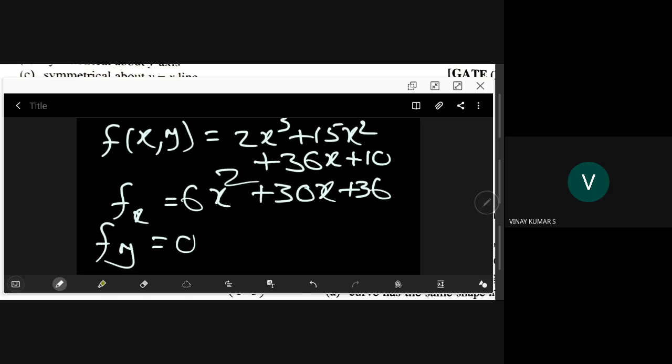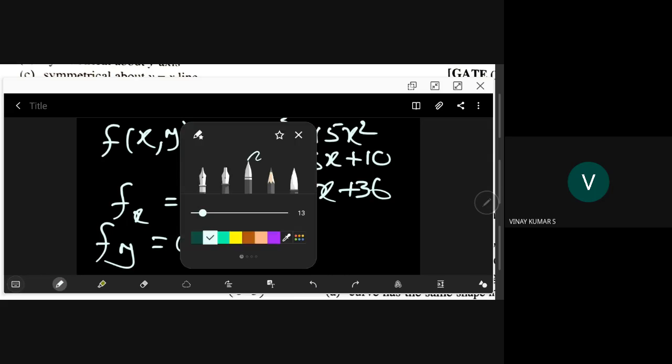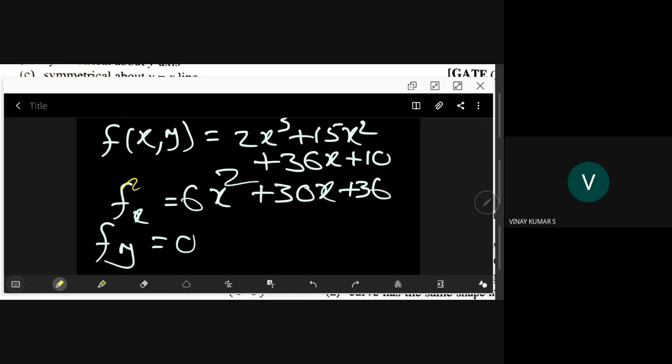So now we want to find the critical points. We need to solve these two equations, fx equal to 0 and fy equal to 0. Anyway, fy is 0, nothing is there. Only for 6x square plus 30x plus 36 equal to 0.